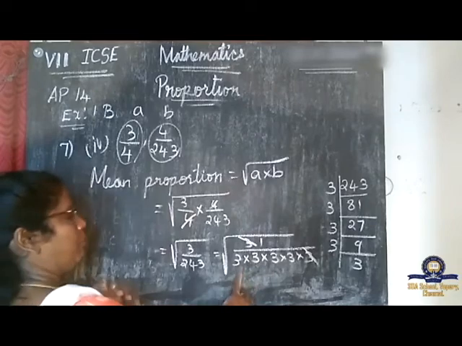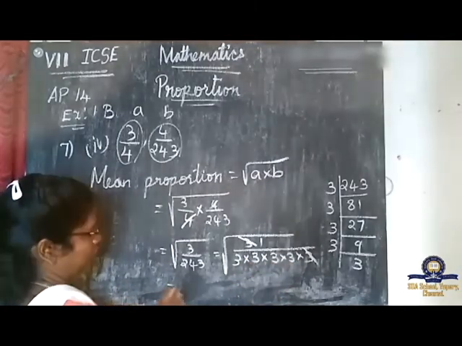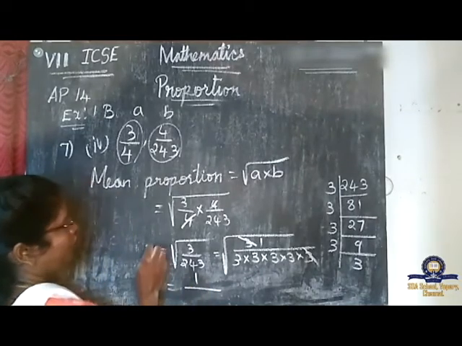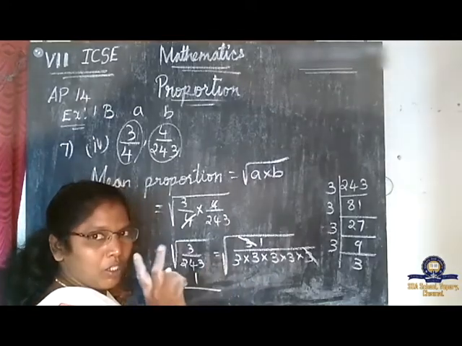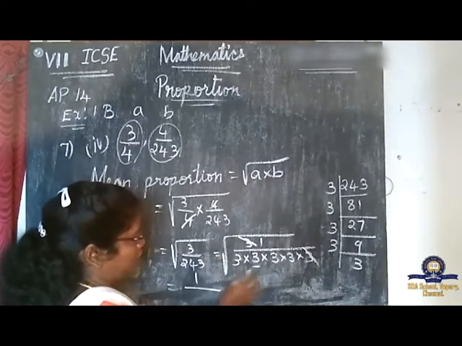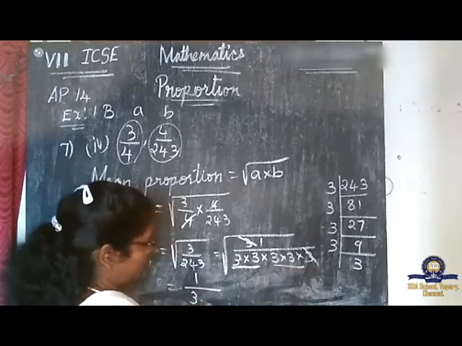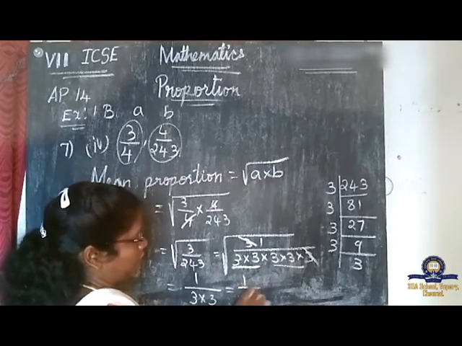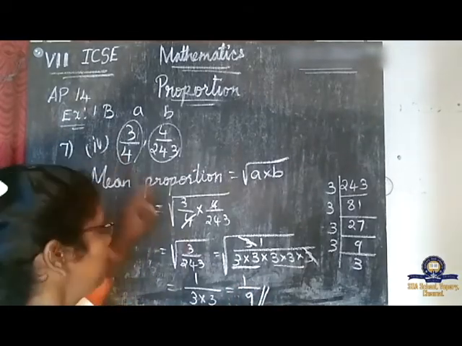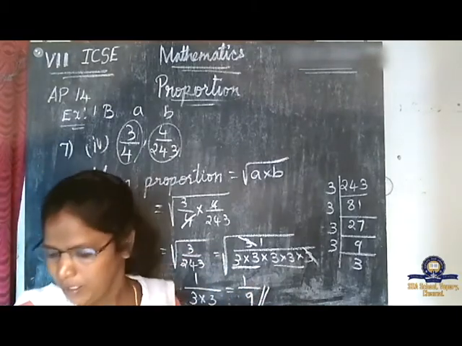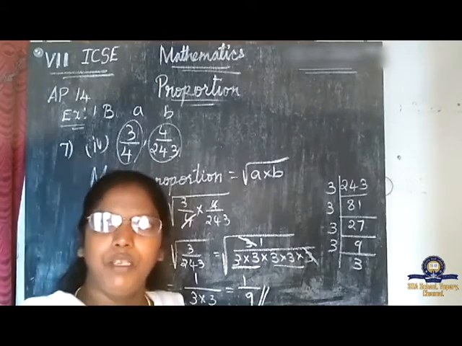Here 1. How many times 3 is left here? 1, 2, 3, 4. If we want to take the square root, we have to take one number for every 2. So for these 2 3s I am taking 1 3, and for these 2 3s I am taking 1 3. That is equal to 1 by 9. My mean proportion is 1 by 9. Understood everybody? Okay, very good. We'll move on to the next one.